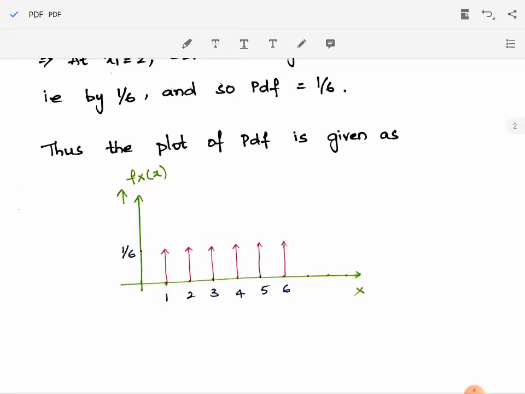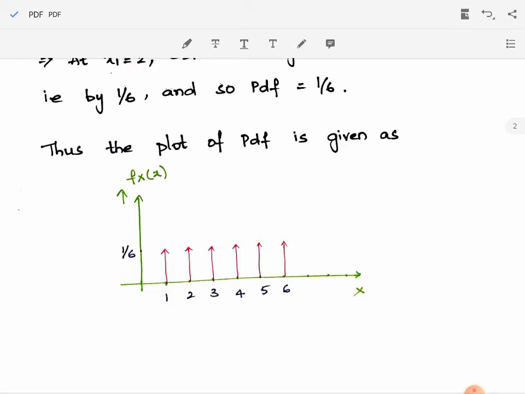So on the x-axis we take the random variable x, and on the y-axis small f_X(x), which is nothing but your PDF. At the values 1, 2, 3, 4, 5, 6, it is equal to 1 by 6.